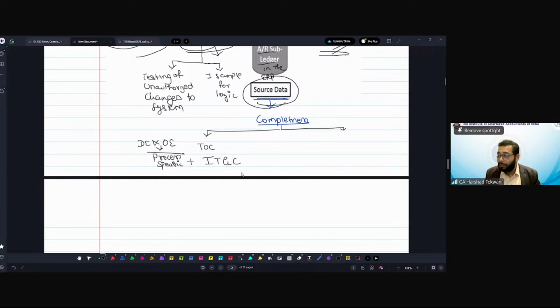And that happens. So when IT general controls fail, we do not even rely on the process specific controls because they directly impact the effectiveness of the process specific controls. Like the process was that someone has to approve the invoice before it gets processed. But the moment IT general control failed, the password is available with everyone.